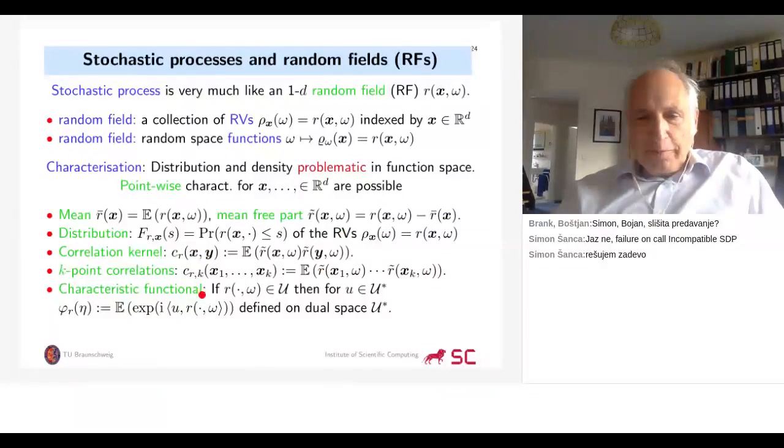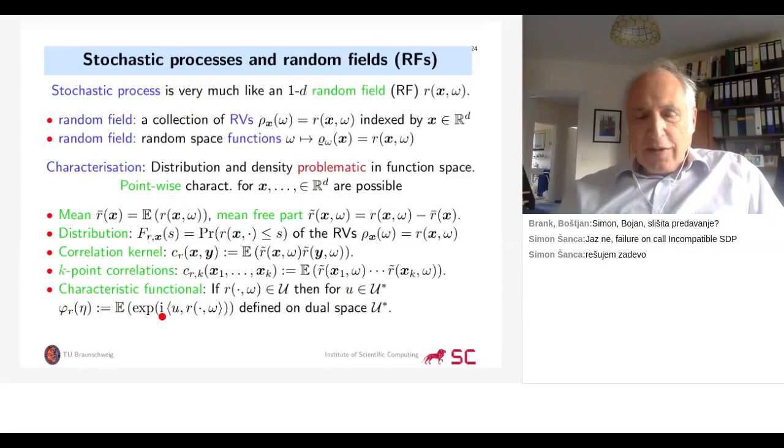The characteristic function is something which is still defined. It now becomes a characteristic functional, because it's on a vector space. If this has values in some space u, then we take something from the dual space, and I take the inner product of this guy here with R of omega. Of course, this is a scalar depending on omega, so it's a scalar random variable.